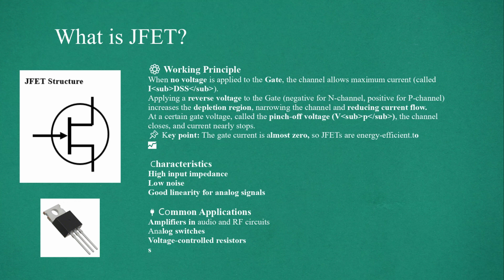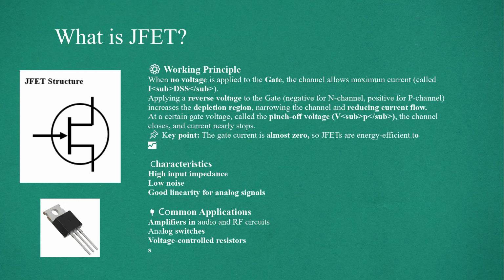Working principle: 1. When no voltage is applied to the gate, the channel allows maximum current called I sub DSS. 2. Applying a reverse voltage to the gate, negative for N-channel, positive for P-channel, increases the depletion region, narrowing the channel and reducing current flow. 3.